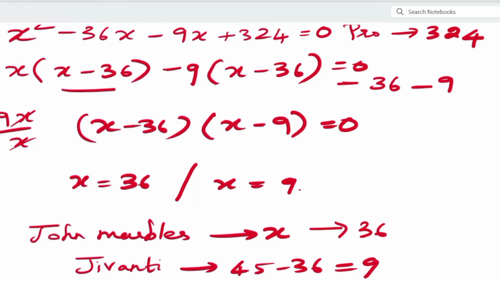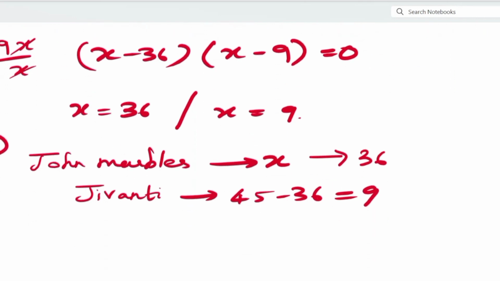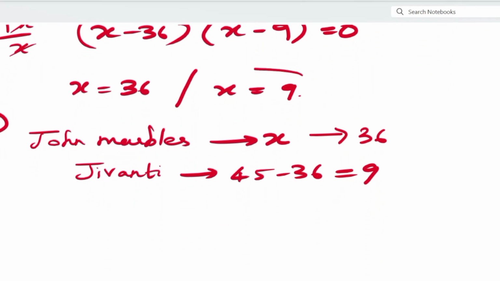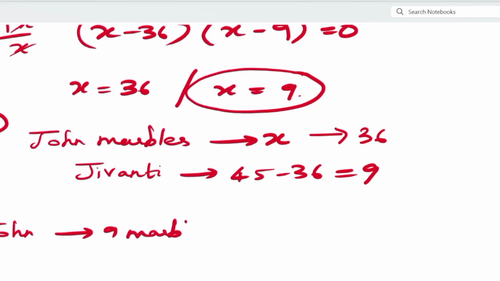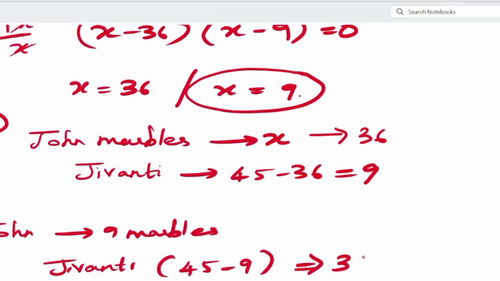That is the first case. Or else if John has 9 marbles, that is when you are taking X is equal to 9, then Jivanti will have 45 minus X, that is 45 minus 9, which is equal to 36 marbles. So the answer is, if John has 36 marbles, Jivanti will have 9 marbles, and if John has 9 marbles, Jivanti will be having 36 marbles.